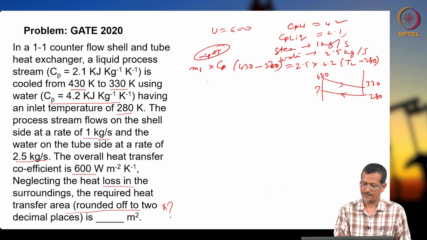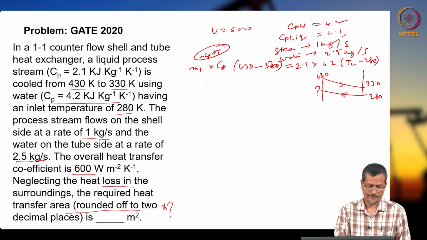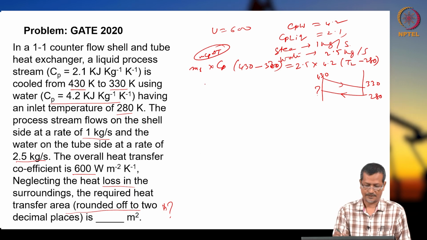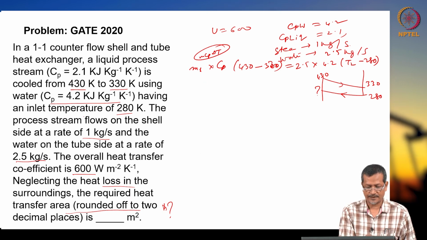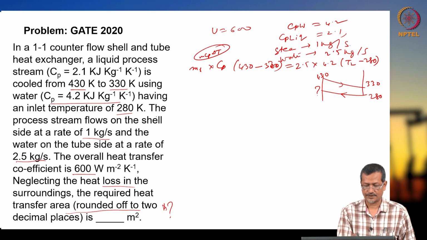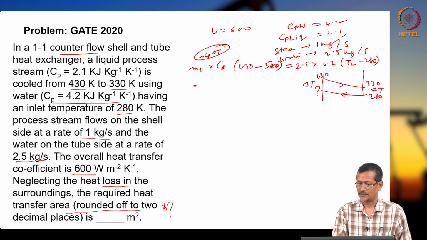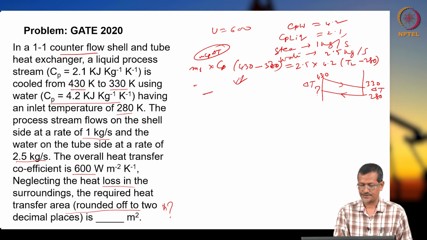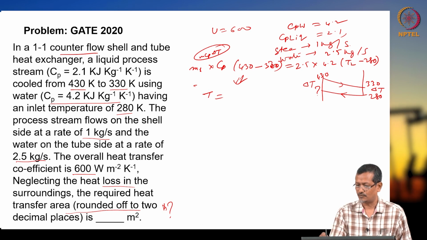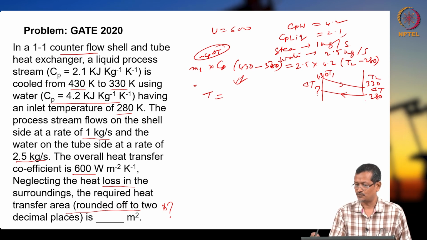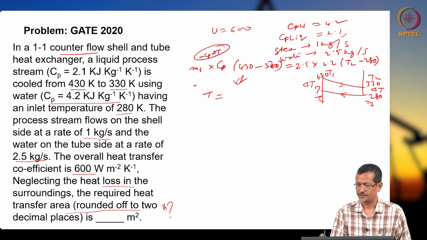So LMTD. Water has an inlet temperature 280, and the process stream flows this one. T1, T2, T3, T4.